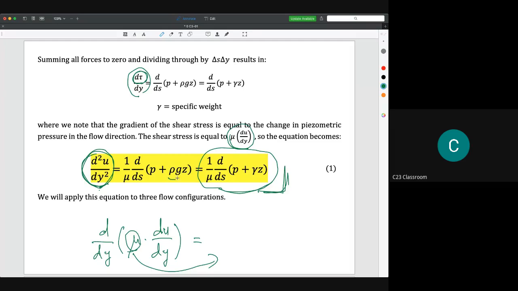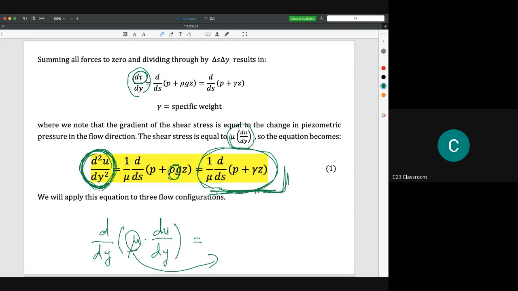Instead of rho g here, we have gamma. So this is the basic equation for the Couette flow. Here we have du dy and d square u over dy square. Actually, if you do it from the Navier-Stokes equation, you will find that in the nabla terms you will have d square u dy square, so finally you will get this term equal to this one too.